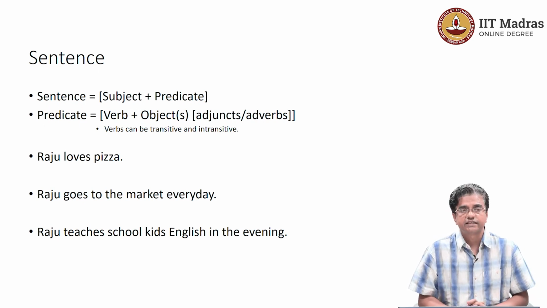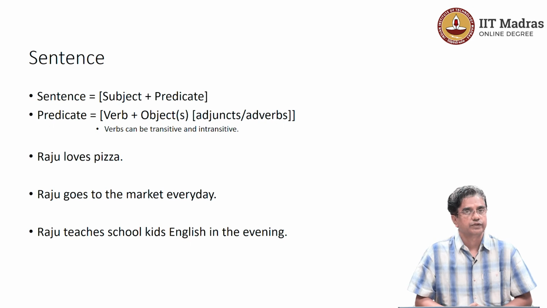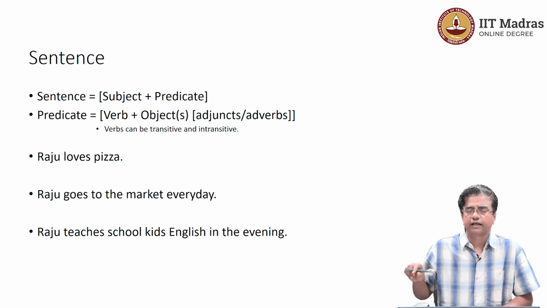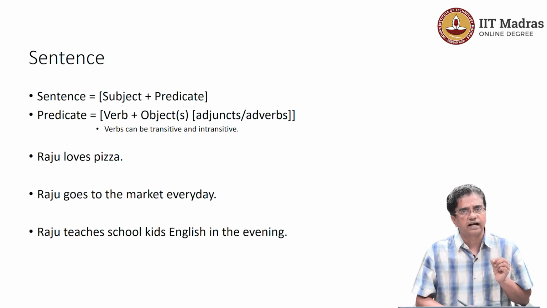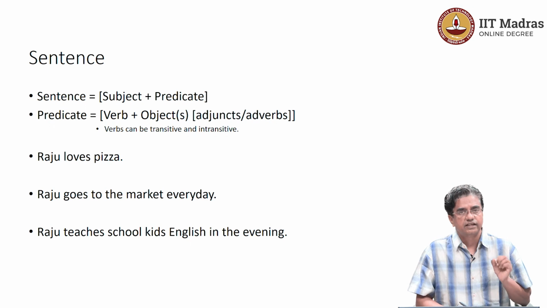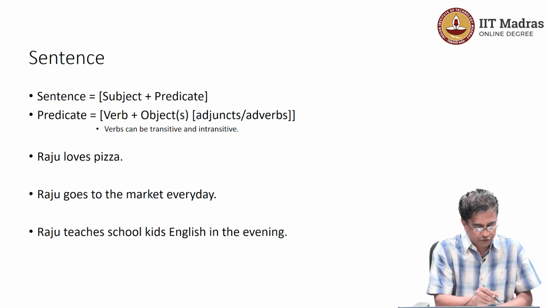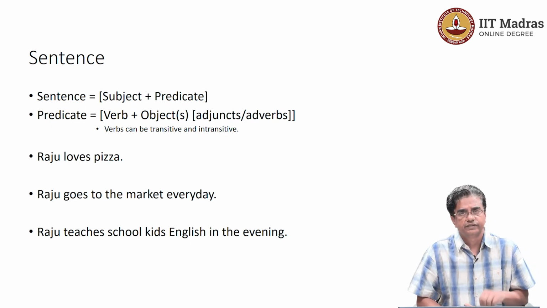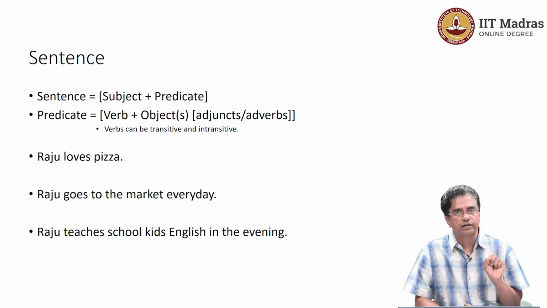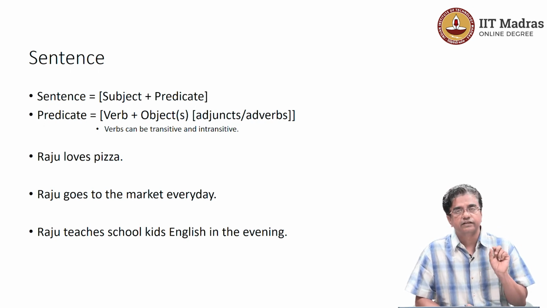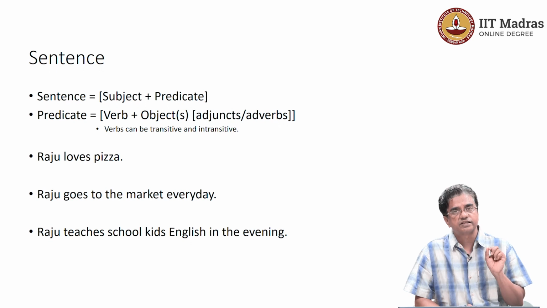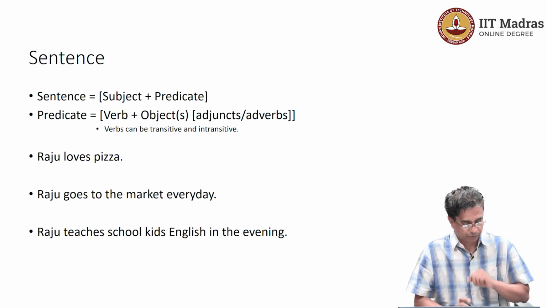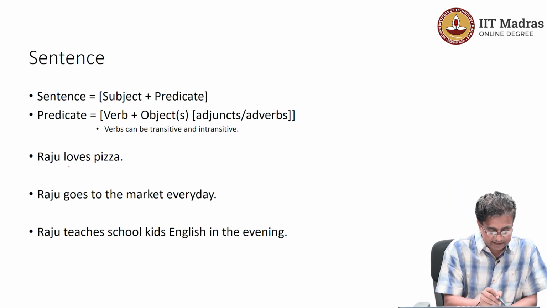So let's look at some examples to elaborate what I have just described to you. We have a canonical sentence out of context: Raju loves pizza. The purpose of this example is to explain the notion of subject and predicate within the verb for you. So look at this. This is a sentence.